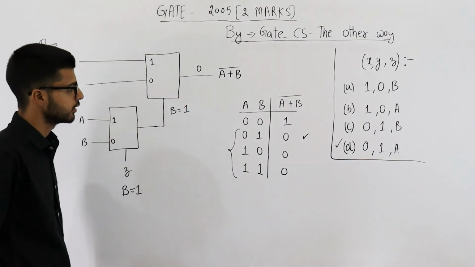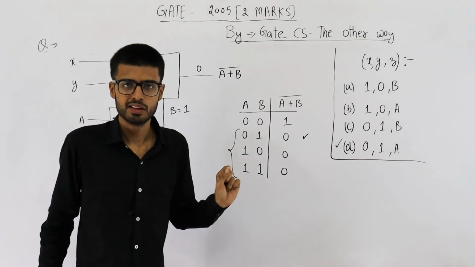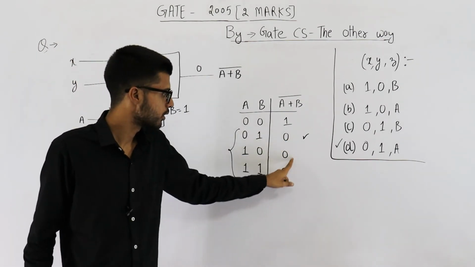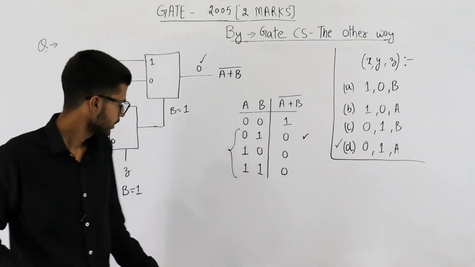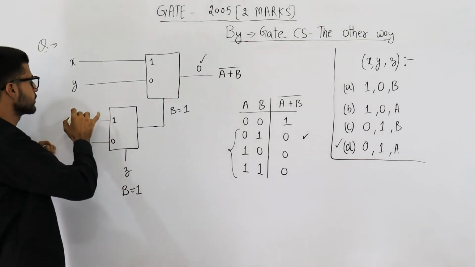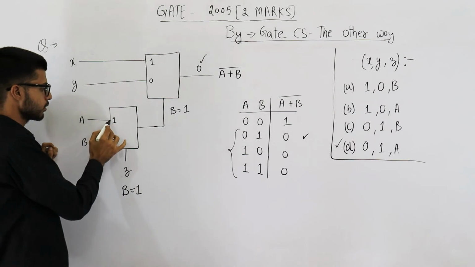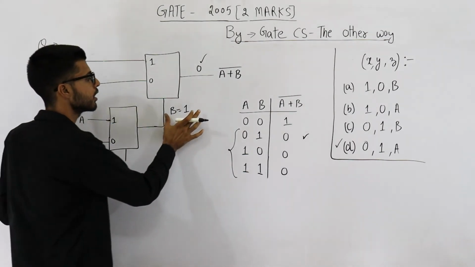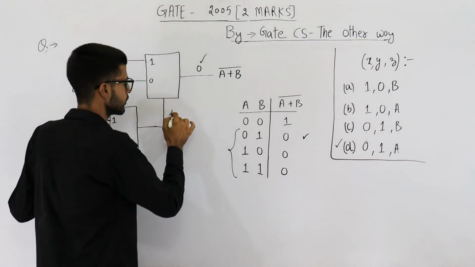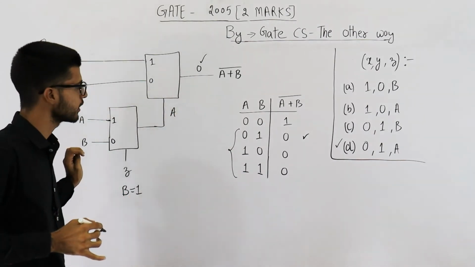See, let us analyze the case when B is equal to 1. B is 1. We have at least one input as 1. That means the output is going to be 0. Okay. So the final output that you want is 0. B is 1. That means whatever is connected to this input of the multiplexer will be given as output. Okay. So the output is A. But there are two cases.